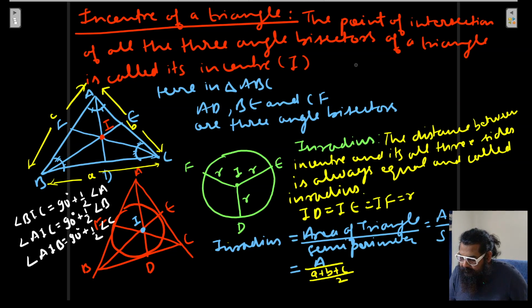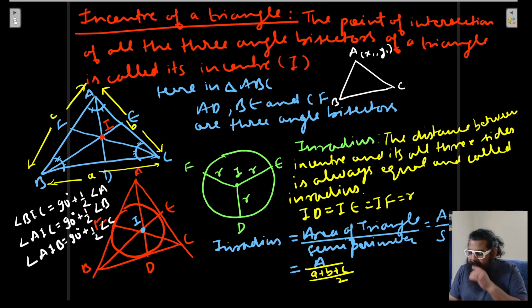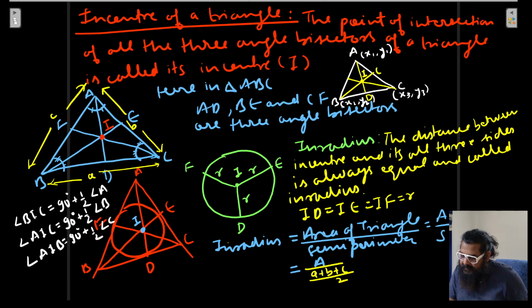Suppose this is triangle ABC and the coordinates are x1, y1 for vertex A, x2, y2 for vertex B, and x3, y3 for vertex C. These are the three angle bisectors, this is the incenter, this is AD, BE and CF, and you know the measurements of these sides.